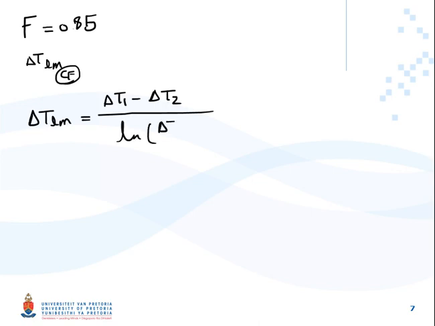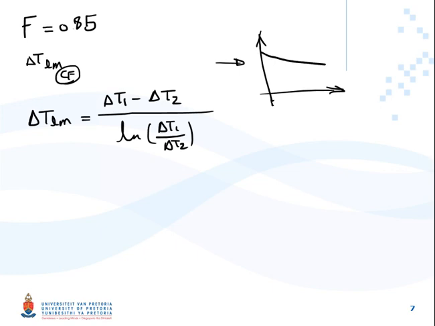The only thing that will change is how we calculate delta T1 and delta T2. Because we are speaking about a counterflow, let's say here is counterflow. If you do it this way, it is very easy to understand.